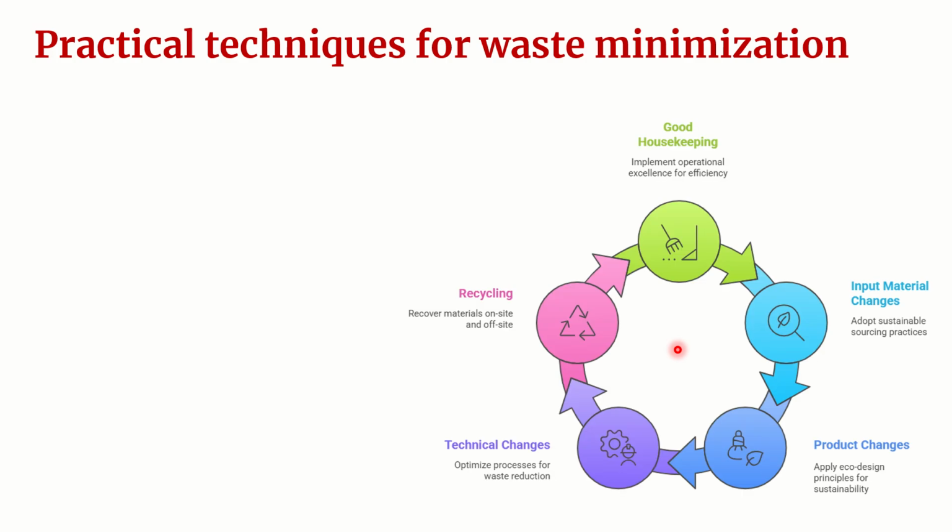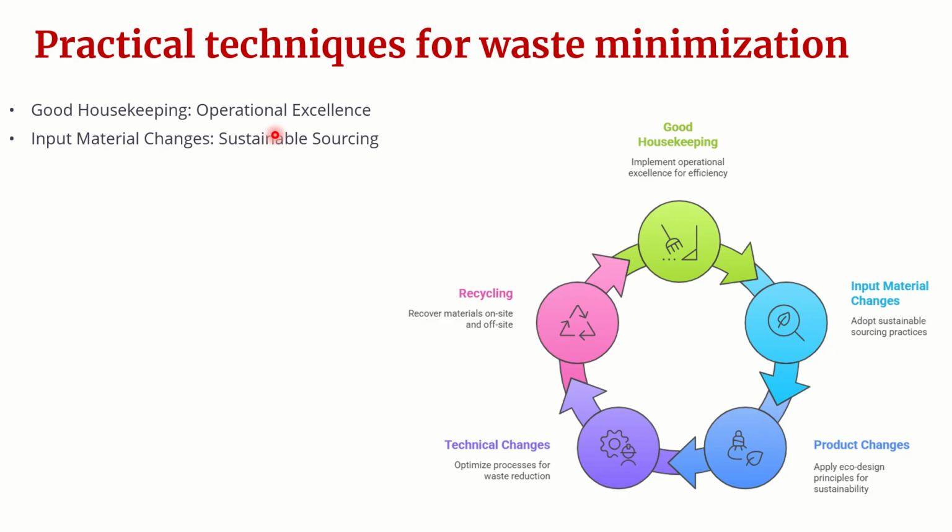So what are the practical techniques for waste minimization? Good housekeeping, input material changes, product changes, technical changes, and recycling. Good housekeeping is often the simplest and most cost-effective cleaner production option. Then input material changes.